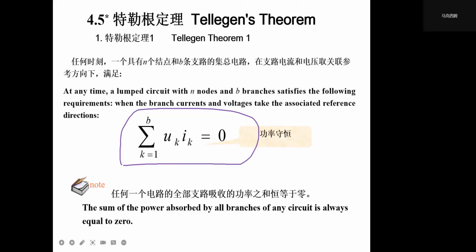We can see it the other way: the power given in a circuit equals the power consumed in the circuit. So it's actually another form of the energy conservation theorem.